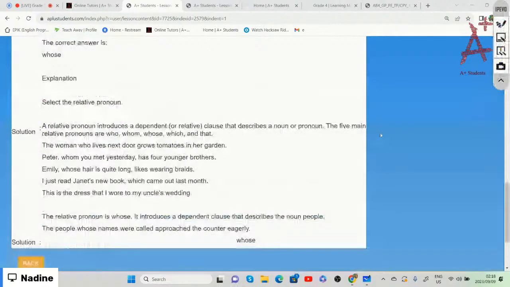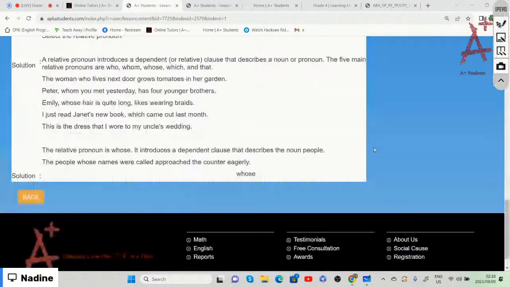And then the people whose names were called. Remember, when it comes to who or whose, it refers to people, right? Who or whose refers to people.